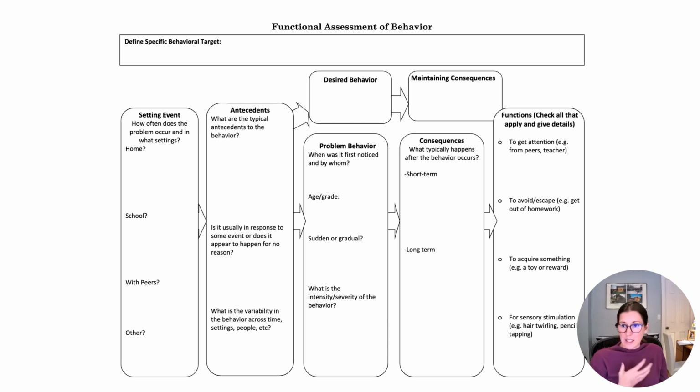And then lastly, along with that caregiver, along with that client, we want to think about, why might this behavior be happening? You learned in a previous lecture about the causes or the functions of behavior, the why a behavior occurs. Just as a reminder, the four functions of behavior are to get attention, to avoid or escape something that's aversive or unwanted, to get access to something or to acquire something, or sometimes we just do things because they feel good.